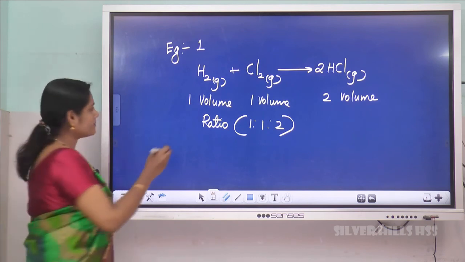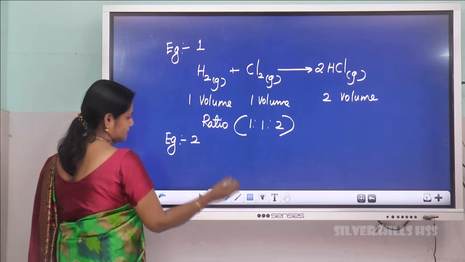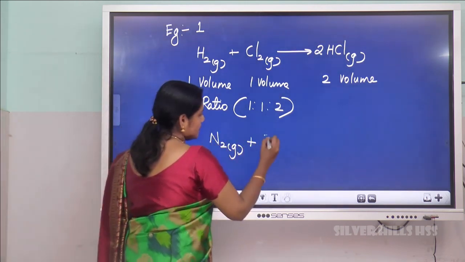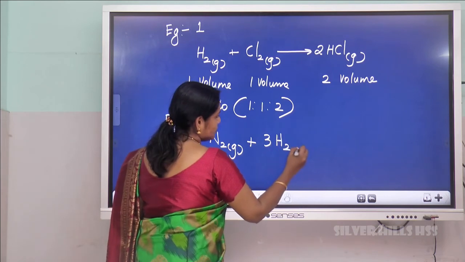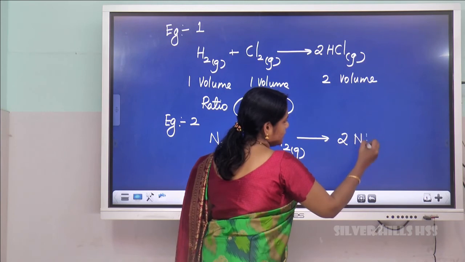Second example. N2 gas plus 3H2 gas gives 2NH3 gas.